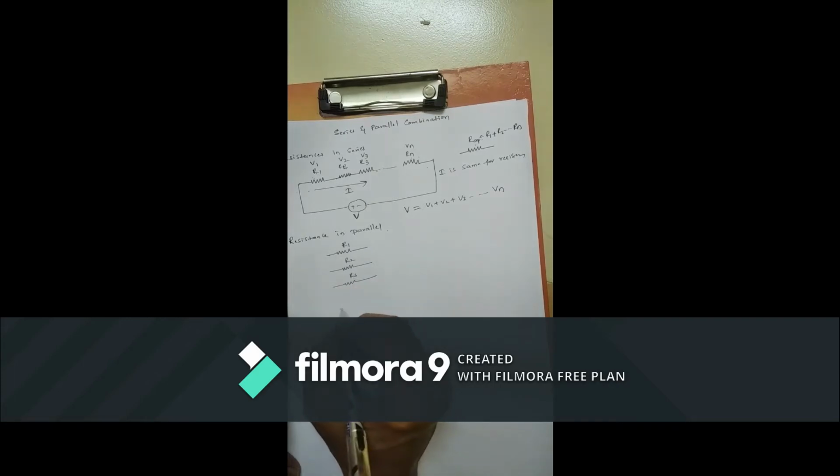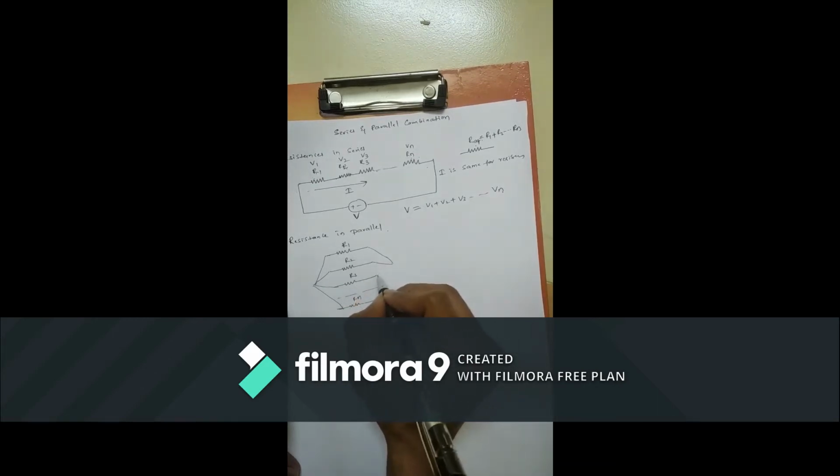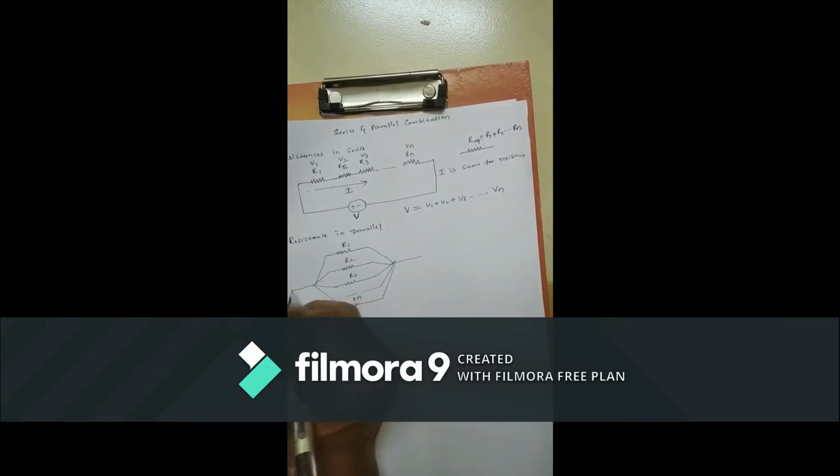The heads of all these resistances are connected to one point, and the tails of all these resistances are connected to one point. This kind of combination is called a parallel combination.